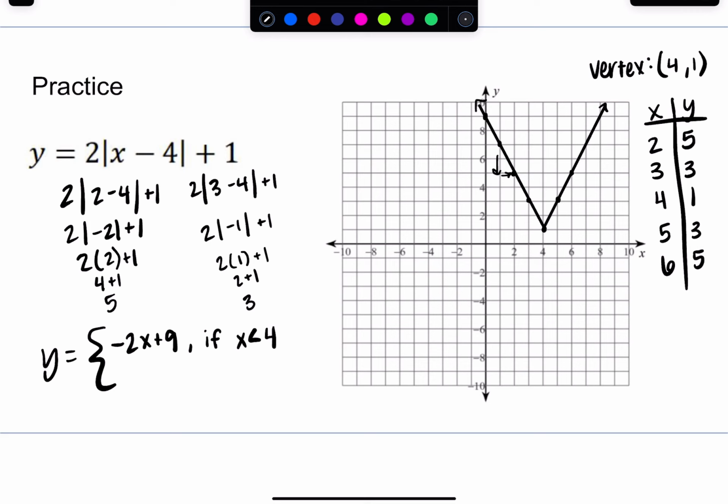Okay, my right side, my slope goes up 2 over 1, so +2. And then if I were to keep going, so I'm going to go back 2, down 2, back 1, until I cross the y-axis. Then I'm going to cross at -7. And that's over the interval where x is greater than our vertex, 4. And we put the equal to sign there.